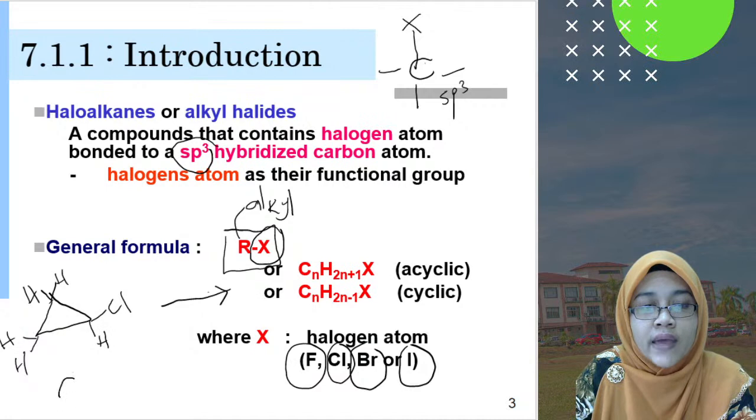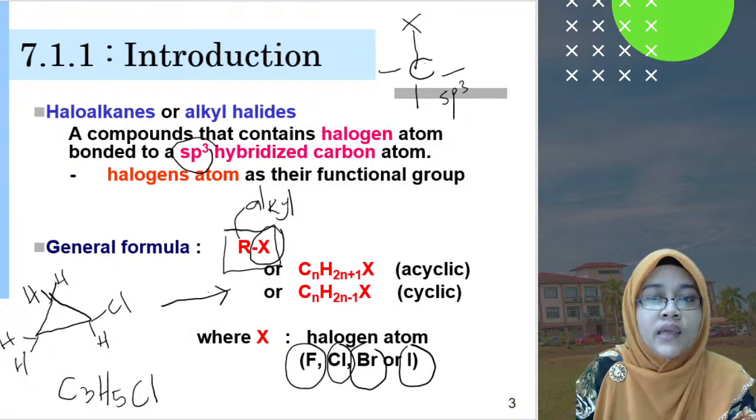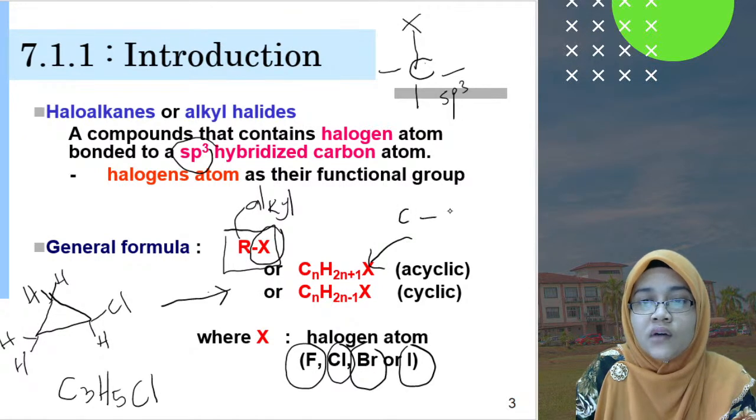So in total we have 3 carbons, and how many hydrogen here? 5 and 1 Cl. So it suits this general formula CnH2n-1X for cyclic haloalkane, generally. I take this example.